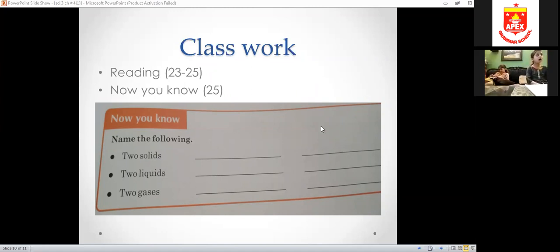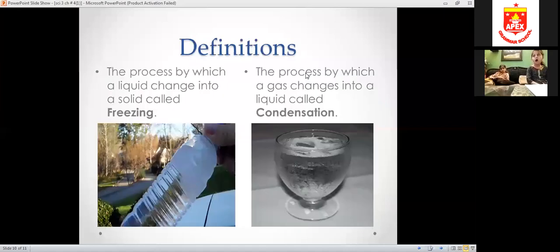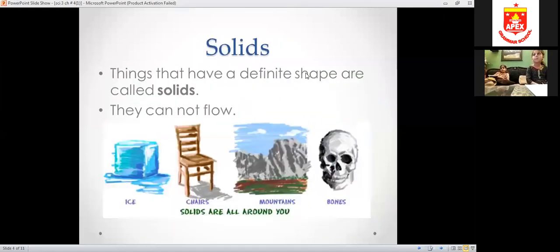Here are the examples of solid shape. I am moving back. These are the examples. You can write any two names on your page number 25. Any two names from there. Shajiha, you are not focusing and writing in the book. So write down the solids' names. Any two names from these pictures. Either you can write ice, chair, or table.